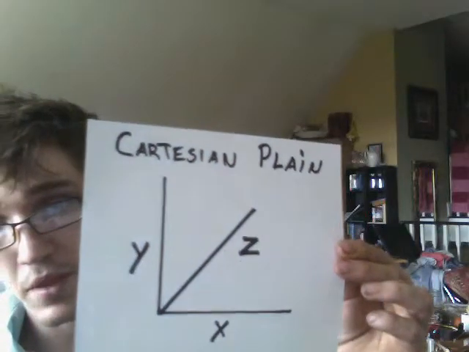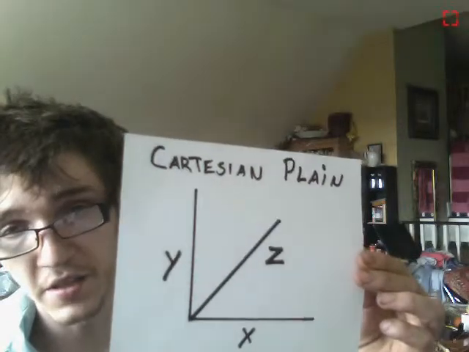Okay, I don't know if you guys are familiar with the Cartesian plane, but the Cartesian plane looks something like this. Okay, X, Y, and Z. That's our three-dimensional world that we live in. Height, depth, and length.